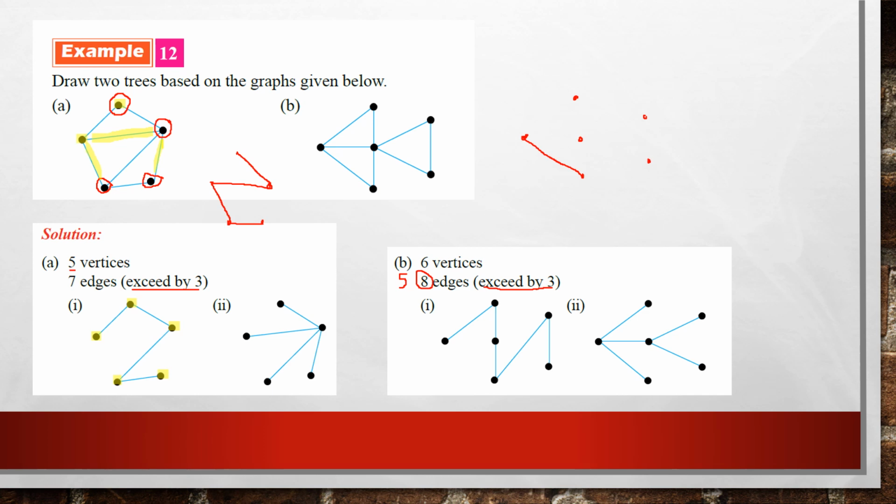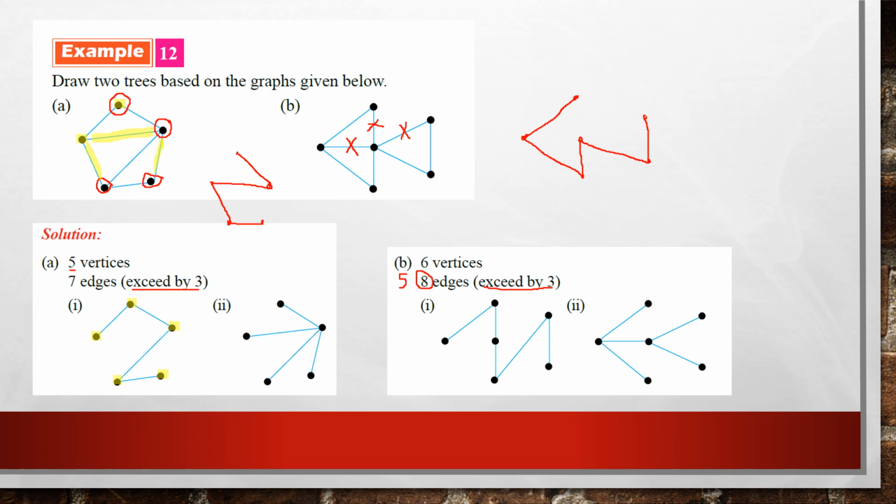You want to try like this, maybe you go like this and like this. That means you eliminate this line, this edge, this edge, and this edge. So I get this type of graph.